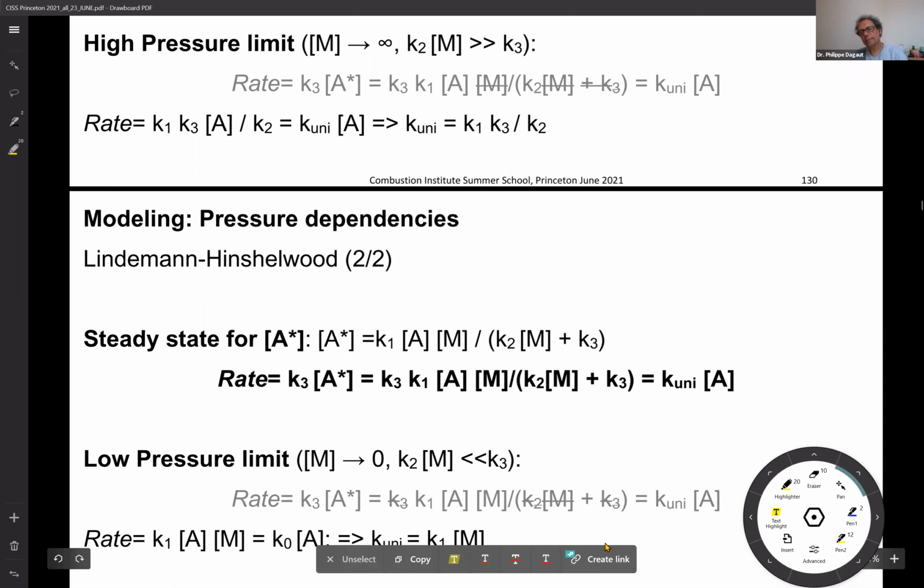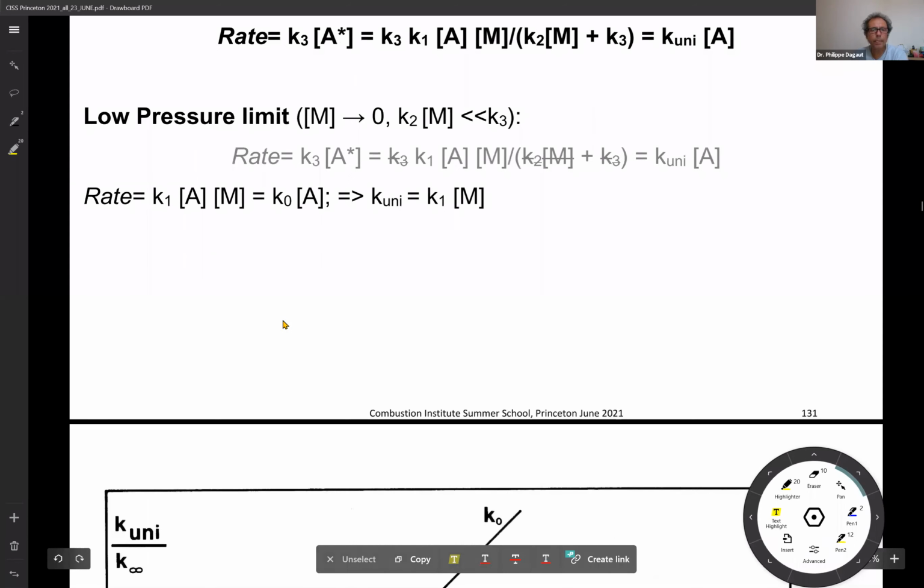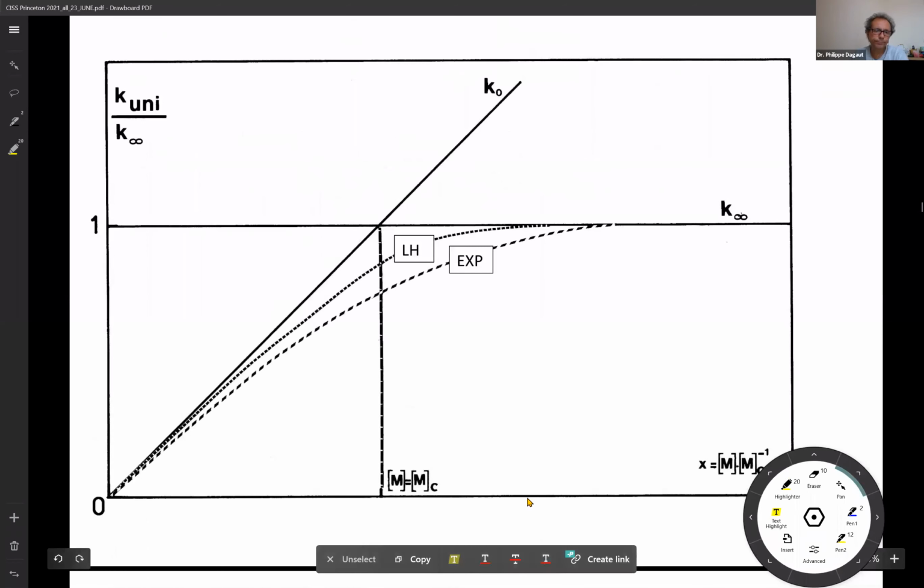So this is somehow a rough approximation, and when we compare the experimental results shown here with this Lindemann-Hinshelwood approximation, you can see that most of the time it overestimates the rate constant in the fall-off regime.